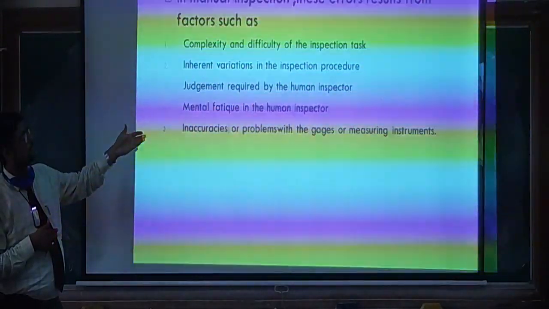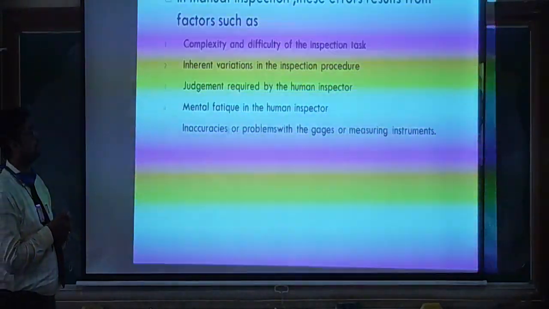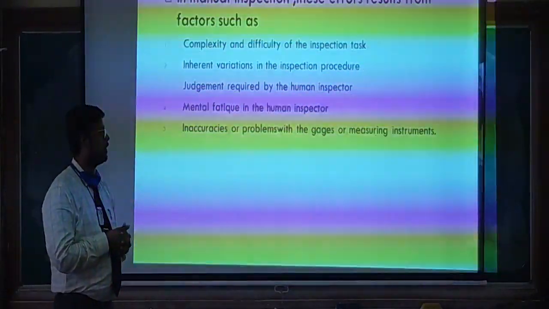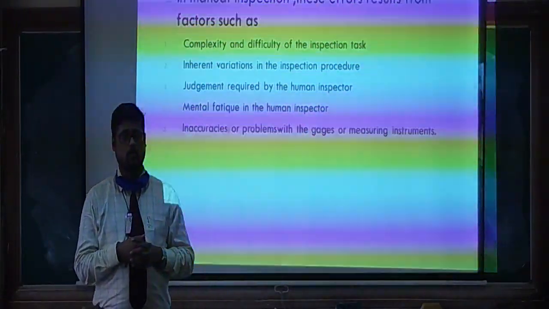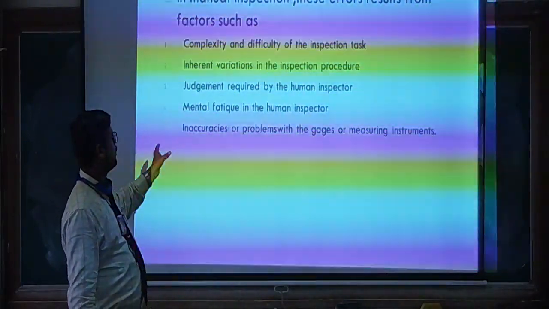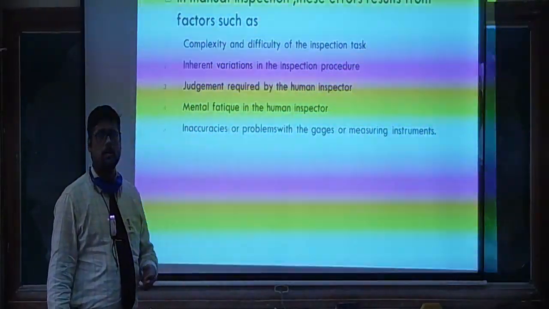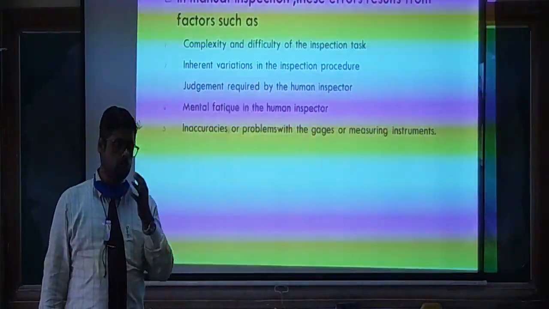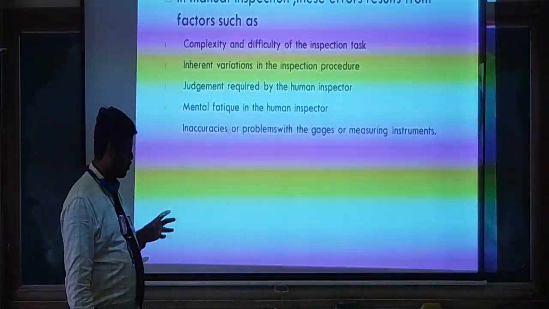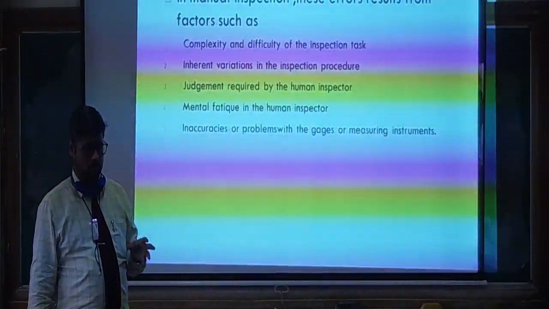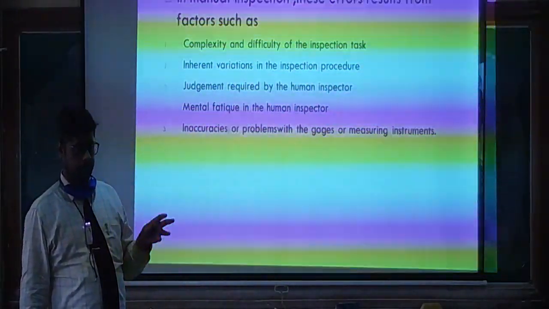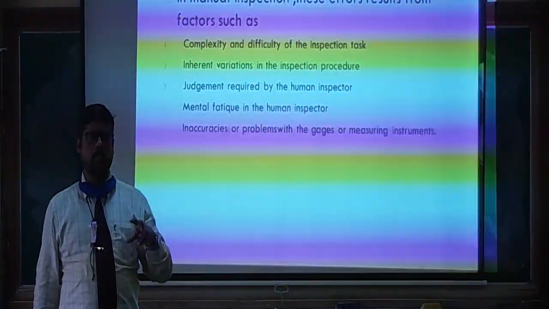This is also one factor which will increase the error of the component: inaccuracies or problems with the gauges or measuring instruments. This is very important. If the gauge is not calibrated, usually the gauges and all the inspection instruments, those things we have to calibrate.